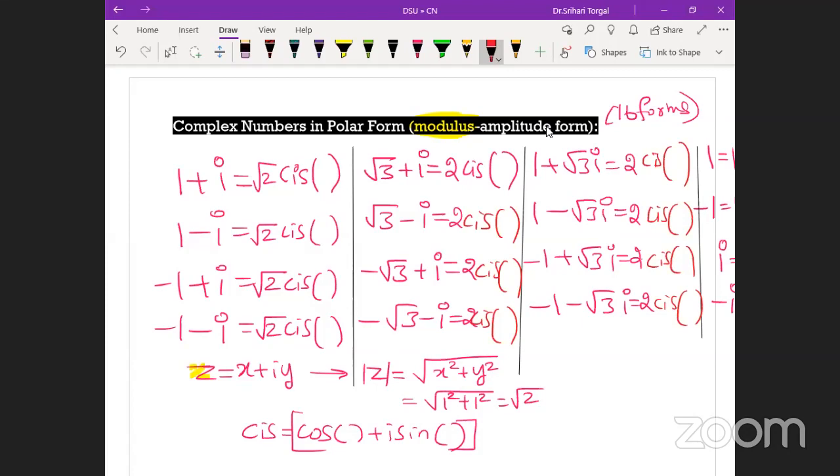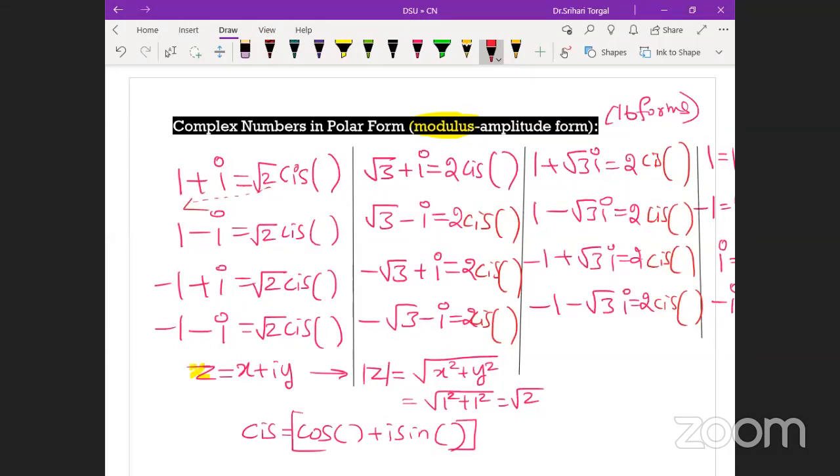It is root of x square plus y square. Now, I want to calculate this.